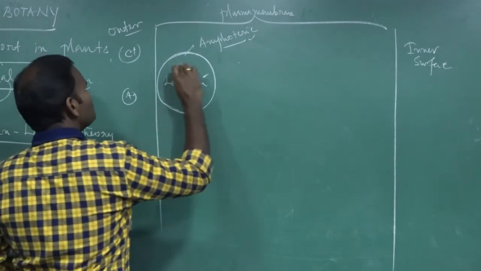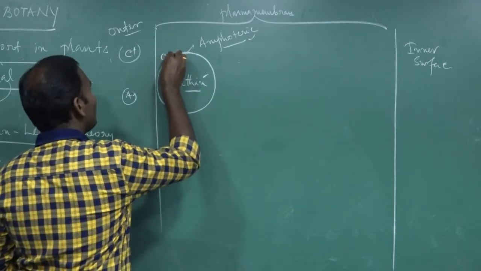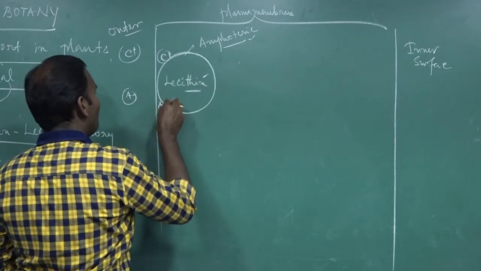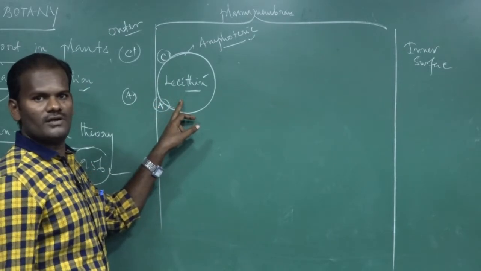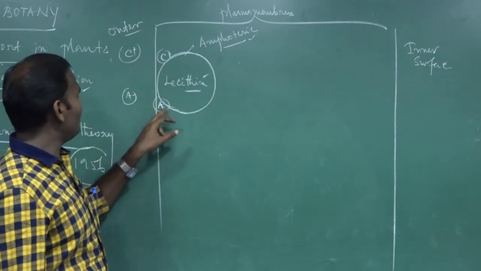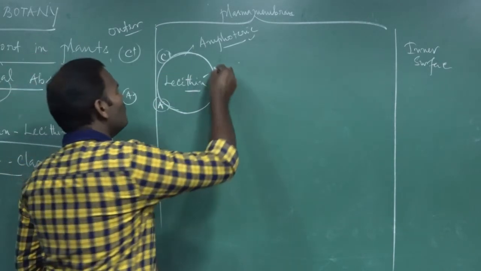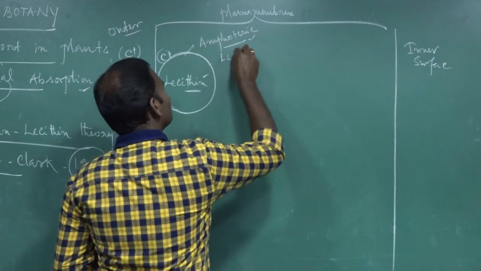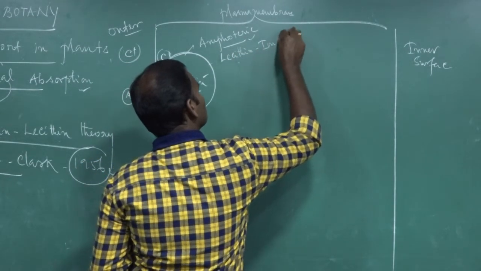So hence it acts as either acid or base. Both cations and anions are combined to these proteins to form a lecithin ion complex.